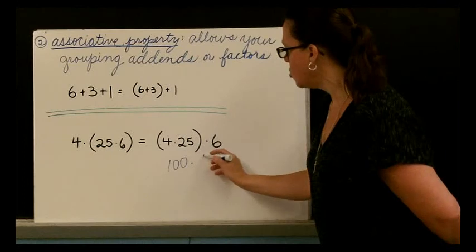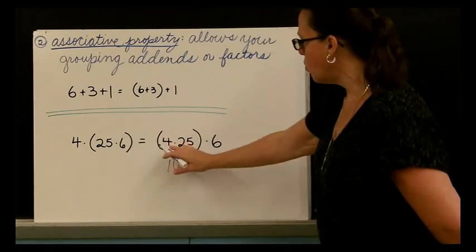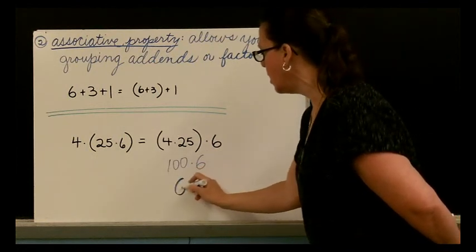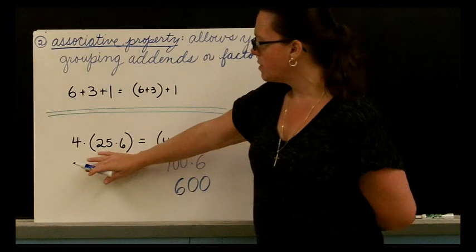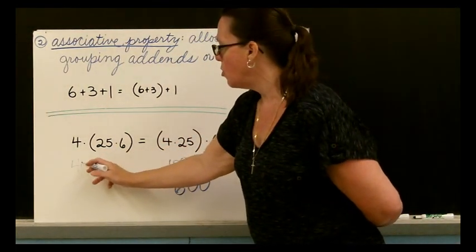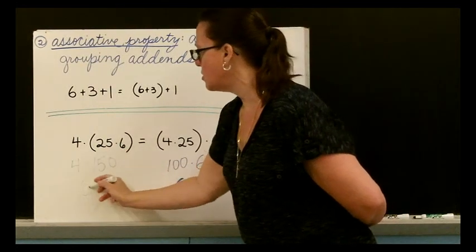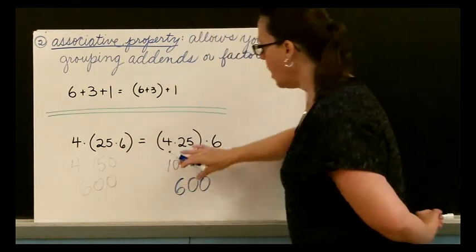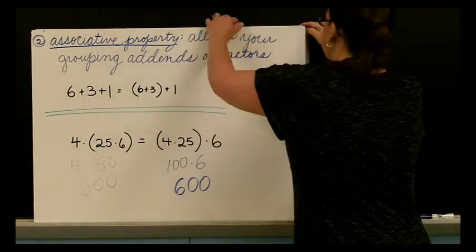So another way to look at this expression is to see it as 100 times 6, which equals 600. And if you were to keep this as it was on this side, you would end up with 4 times 150, which is 600. But for me, this is friendlier, making the 100 first.